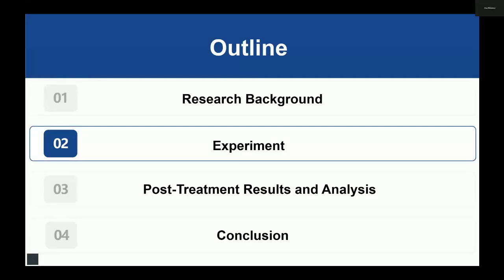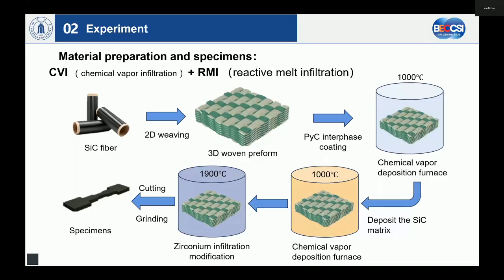Okay, moving on to the experiment part. For the material preparation, we used CVI, which is chemical vapor infiltration, and RMI, which is reactive melt infiltration. We had silicon carbide fibers, woven in a 2D pattern, forming a 3D preform.